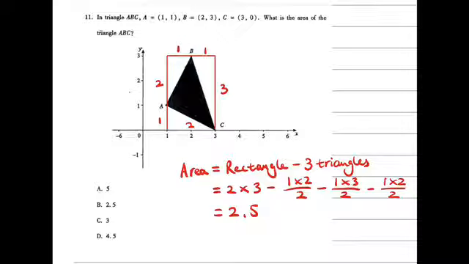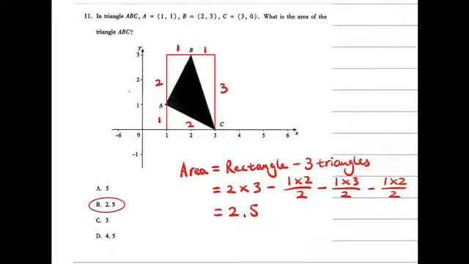You can even count the grid one by one to solve this problem. So the 3 little triangles have areas of 1 and 1 and 1.5. And the large rectangle has an area of 6, 2 times 3 equals 6. So if we use 6 minus 1 minus 1.5 minus 1, it will equal 2.5. The answer is B.